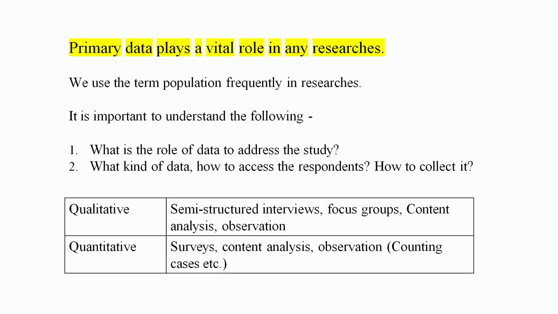Here the researcher has to pay attention to, number one, what kind of data is required, and number two, how to get this data and where the respondents are located, and based upon this, you devise a strategy for data collection. For qualitative data, we normally use semi-structured interviews, structured interviews or informal interviews.